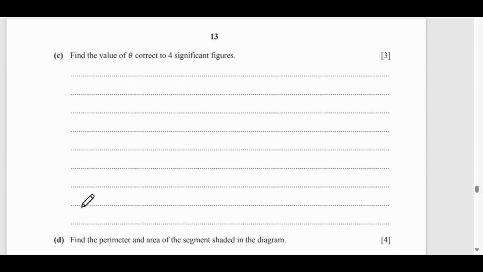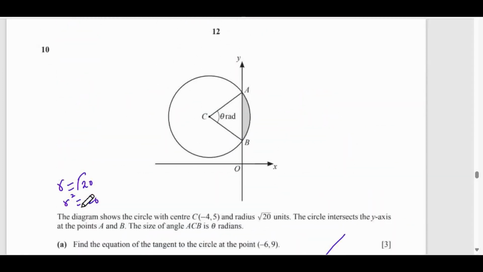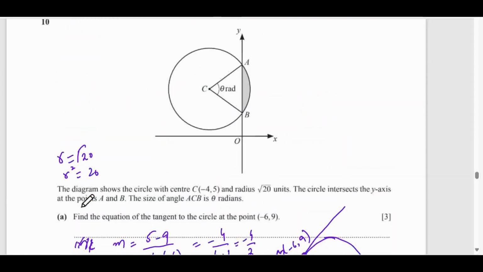Find the value of theta correct to 4 significant figures. We need to find theta. Here we can see that A and B lie on the circle.